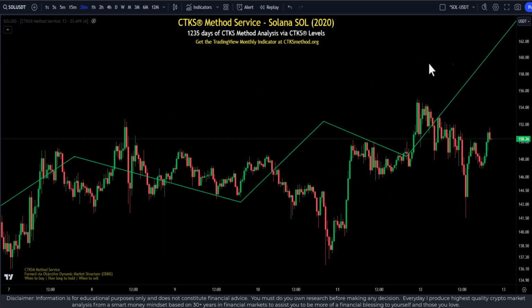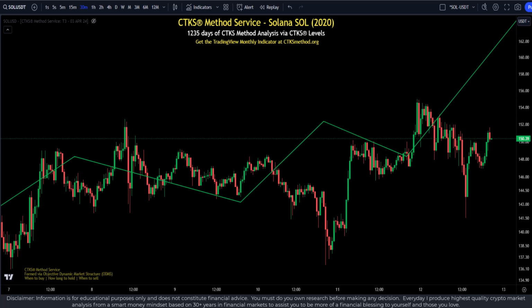I've zoomed in on Solana's price structure, and the key is to understand structural levels are created through all of structure and according to level 1 and level 2 standard certification. I've also left that CTKS method path up for you so that you can understand why things could be just about to hot up for Solana.